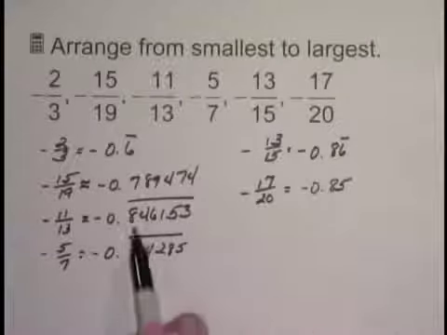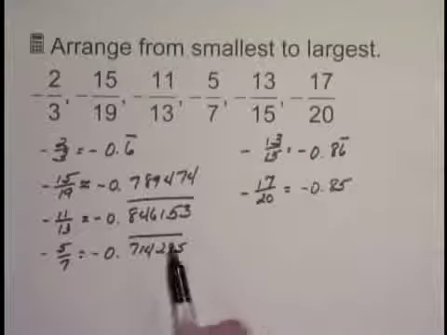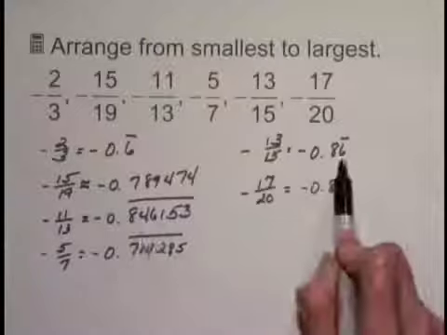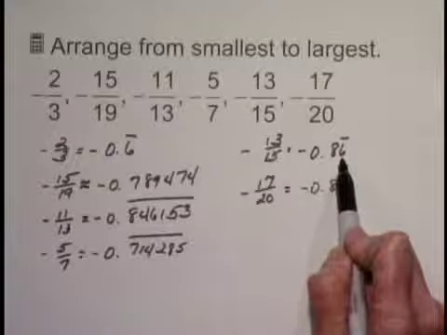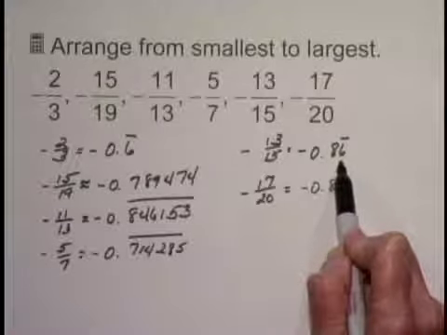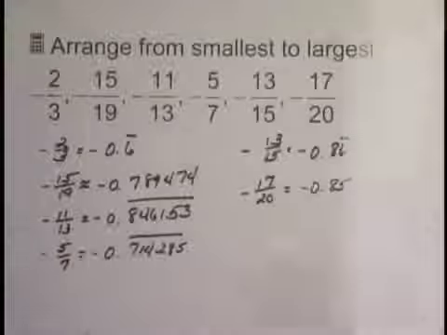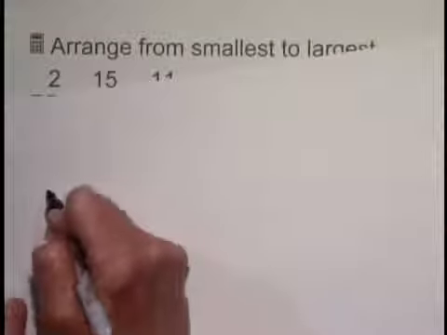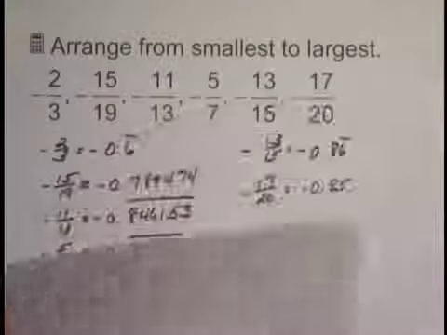And I see 3 of these numbers have 8s following the decimal point. If I go to the next digit in each one, I have a 4, a 6, and a 5. So the one with the 6 in it is the smallest number because that is the largest of those 3 digits. So I'm going to say that negative 0.86 is the smallest.